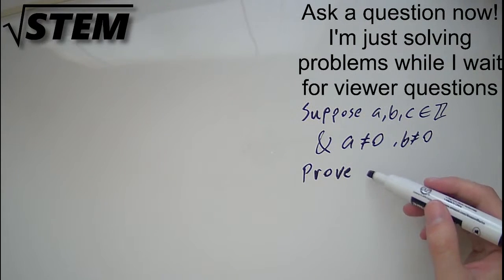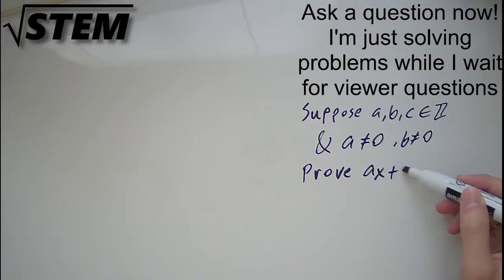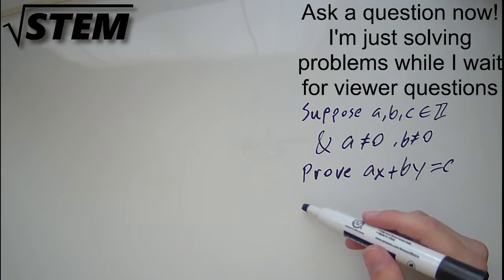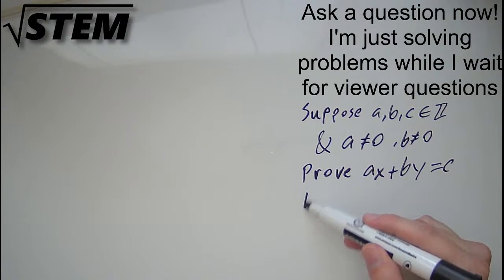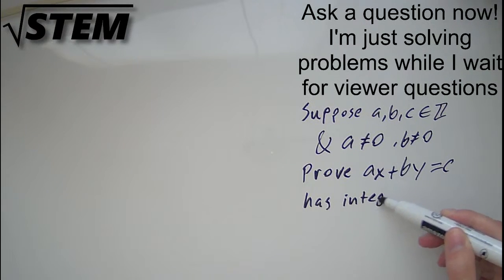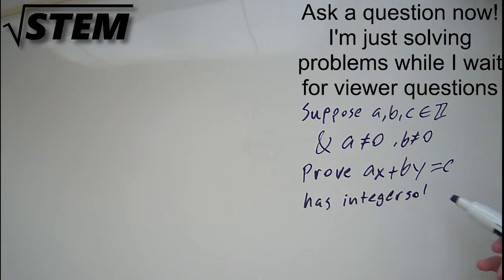We want to prove that AX plus BY equals C has integer solutions.